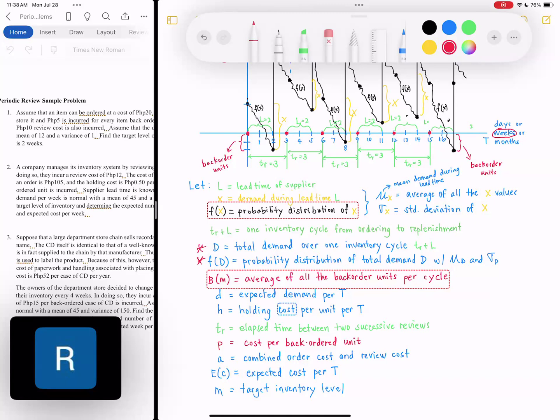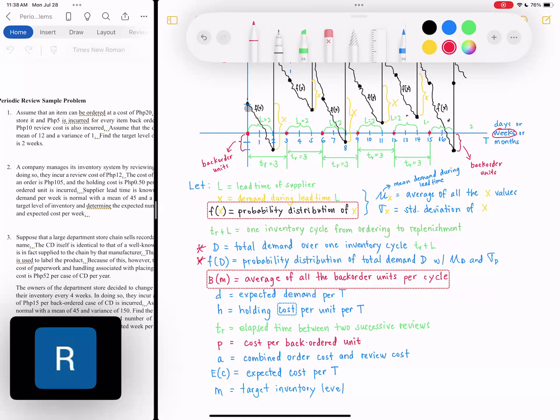So what you'll do is you'll take those 10 products, count them physically, and know what the inventory level is, so that you know how much to order. How much to order will always be based on your target inventory level minus the inventory level upon review.